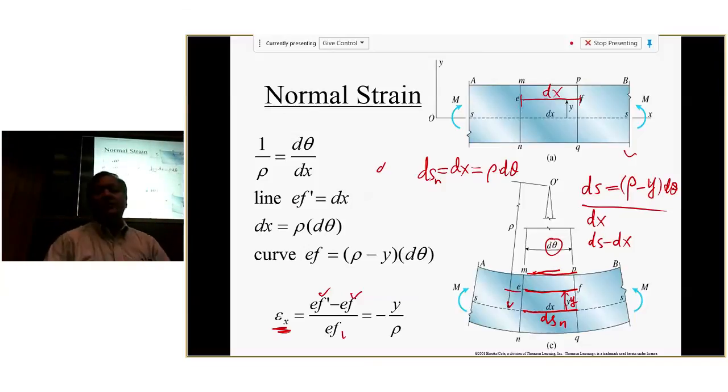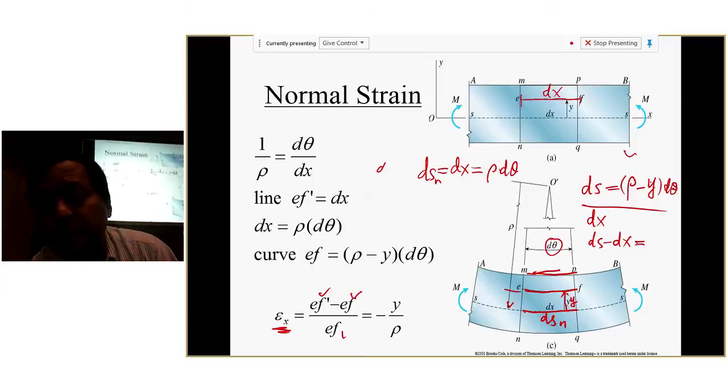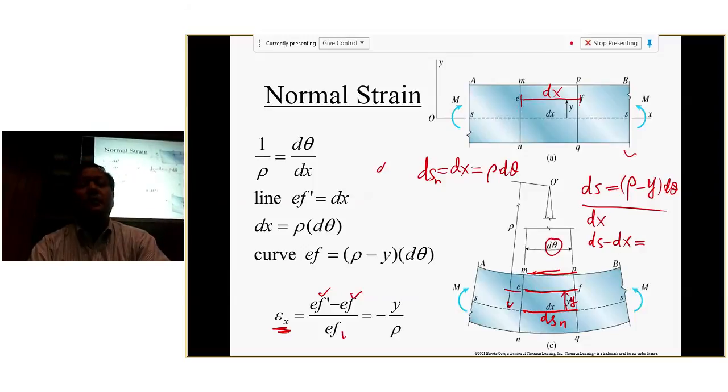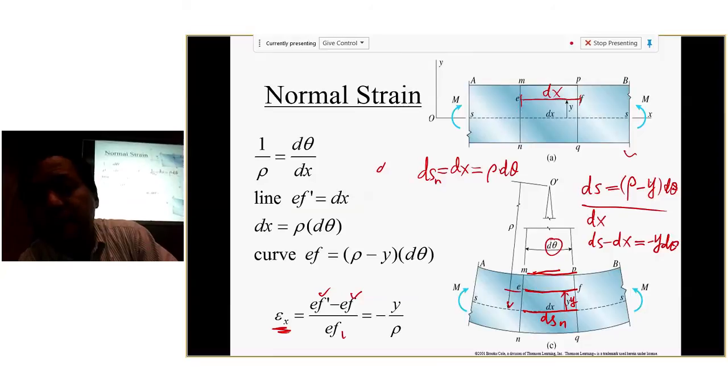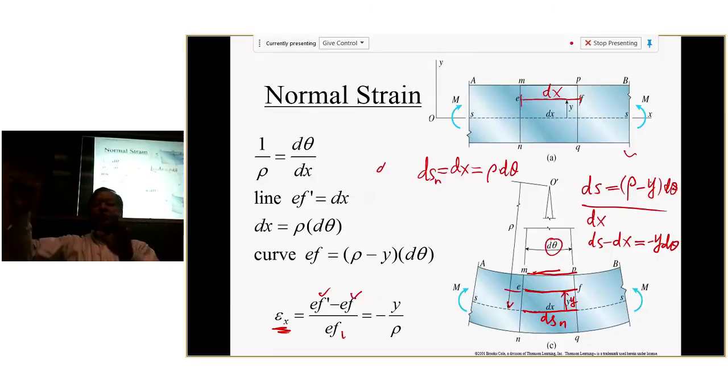Okay, so with that, now you can combine those equations. Combine these equations. What do you get? So ds minus dx equals to what? Negative y d theta. Because the first term, they cancel out. Rho d theta, right? Cancel out. Okay, so now the length change is negative y d theta, right?